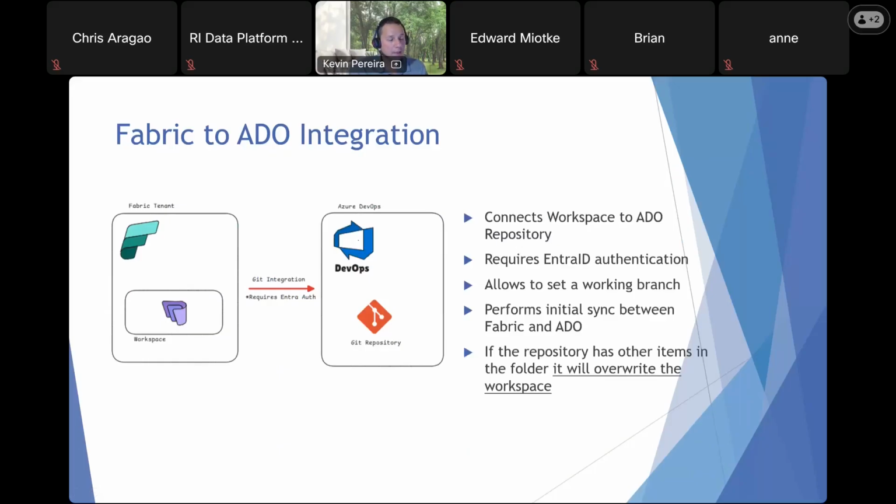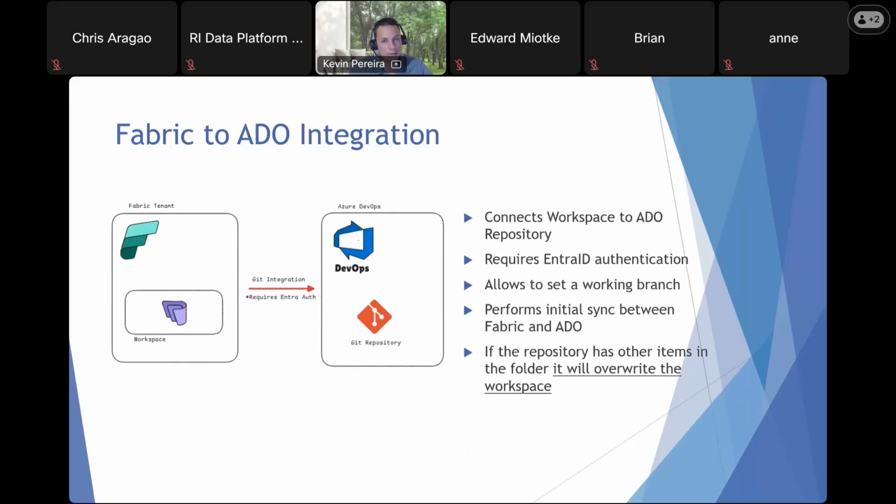Because it happens to be at the workspace level, if you have more than just a database, then all of those other items are going to end up in your repository, first of all. But we're gonna ignore that for the purposes of this talk. But if within your database you happen to already have tables and views and stored procedures and so on, this initial sync is actually going to get the schema or the definition of all of those into your repository, right?